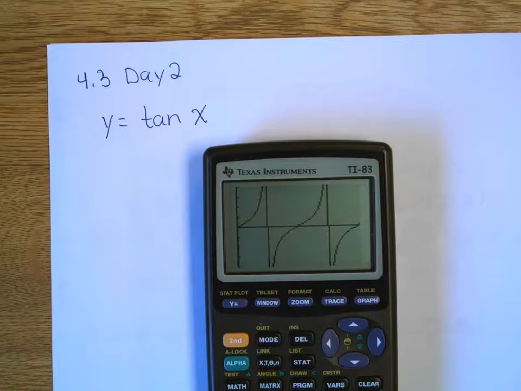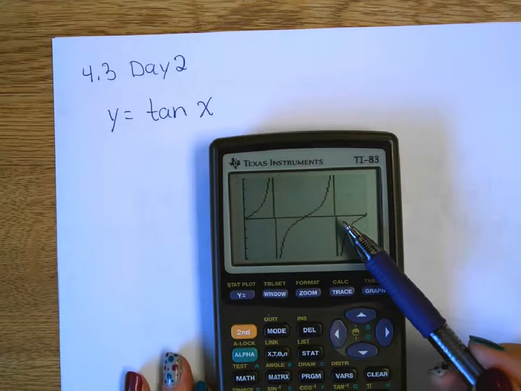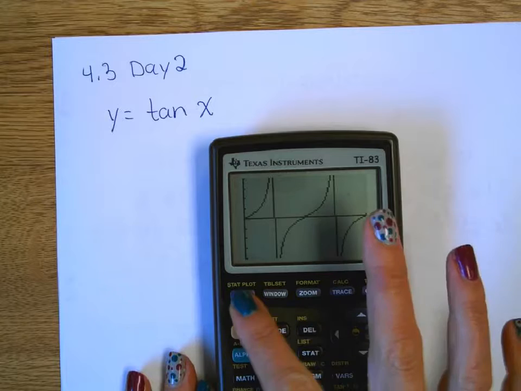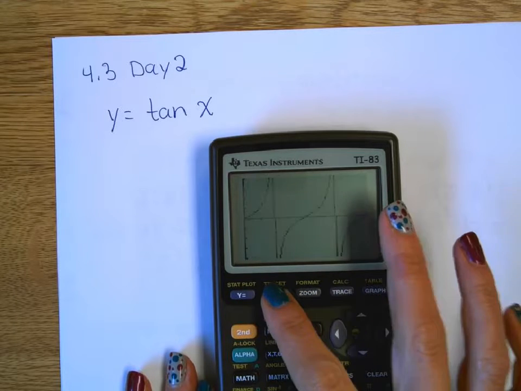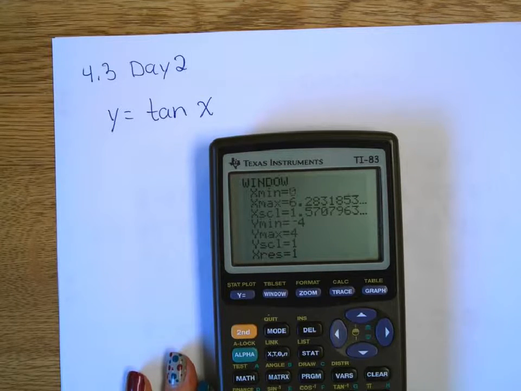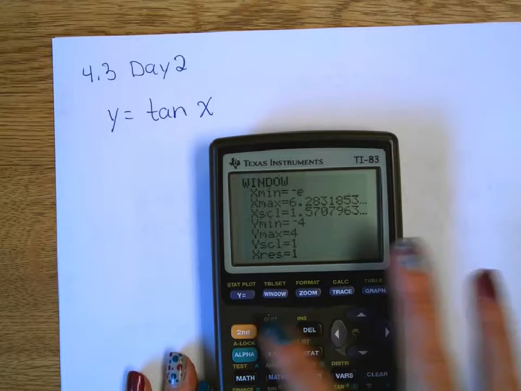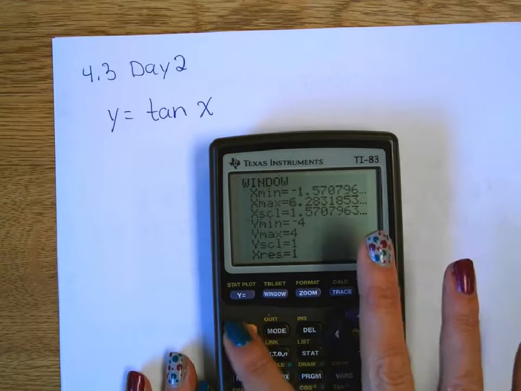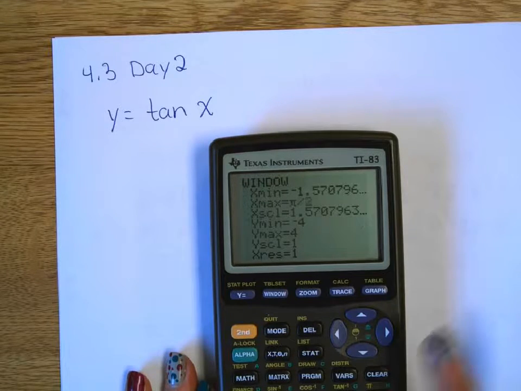Okay, so I call it the staying alive graph, because you go down and up. Staying alive. All right, so obviously the period length is shorter because there's 2 cycles of it here. And tangent's different. The one that they want you to see, if I go back, I'm going to change my window from negative pi, I wanted pi, not e, negative pi divided by 2 to pi divided by 2.